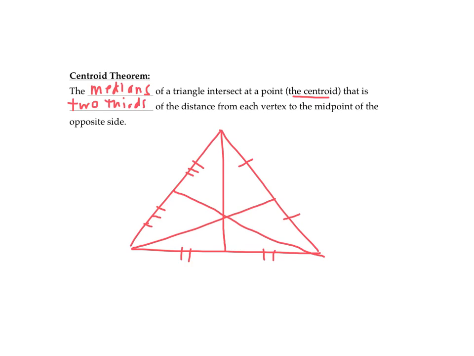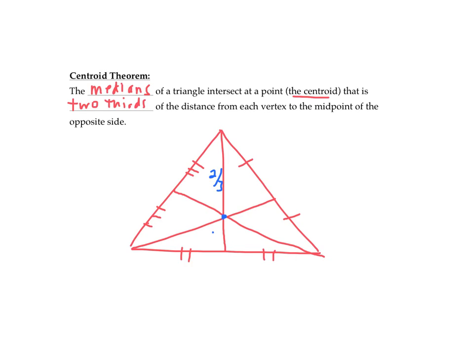What the centroid theorem says is that when these medians meet at this centroid, this single point in the middle of the triangle, then this centroid is 2/3 the distance from the vertex to the midpoint of the opposite side.